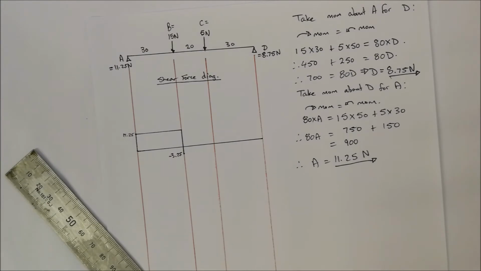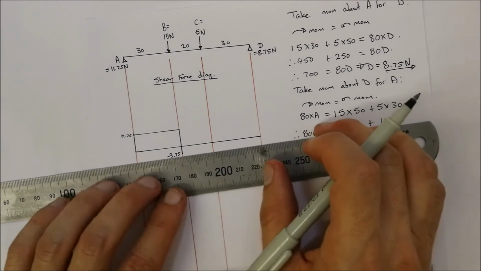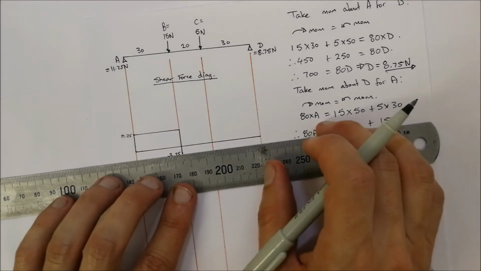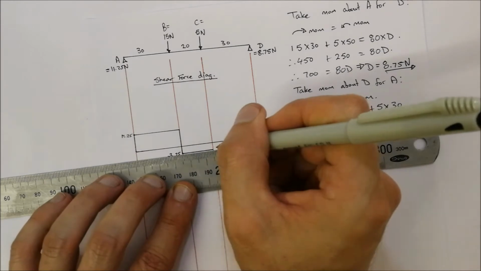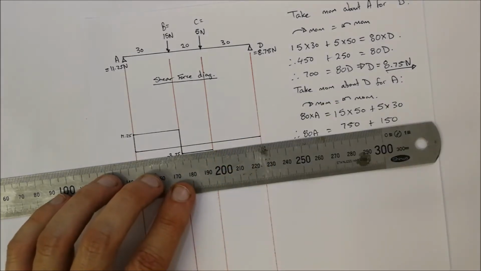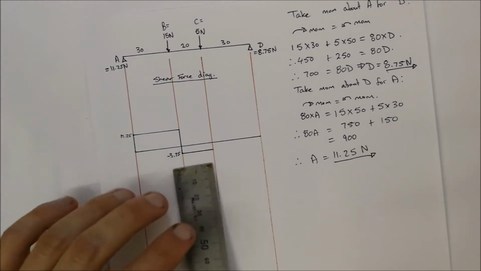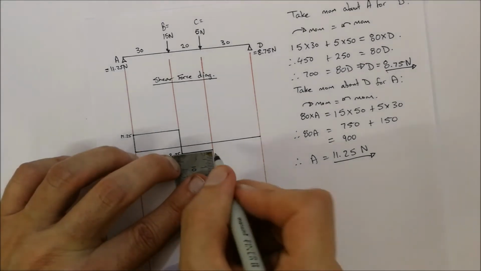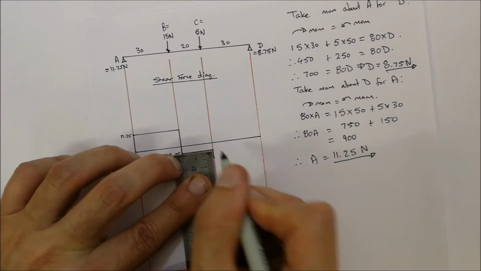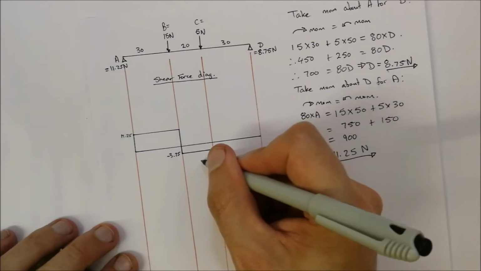Alright, now that we've done that, there's no forces between B and C, so we can draw a straight line across. At C, there's 5 newtons going downwards, so that would be 5 millimeters down from there. Okay, and that would be at minus 8.75.